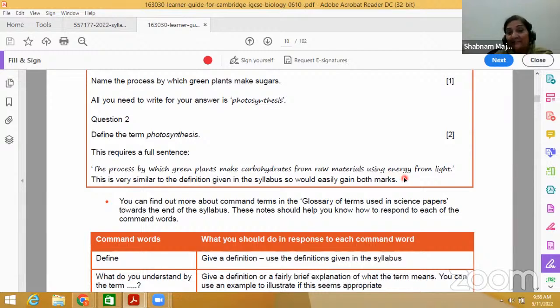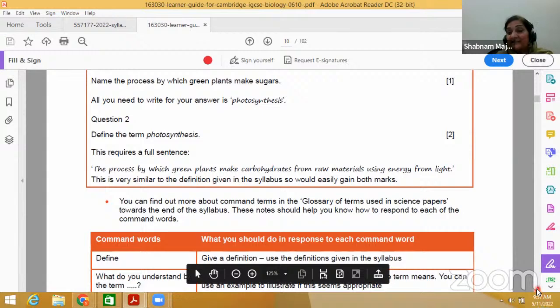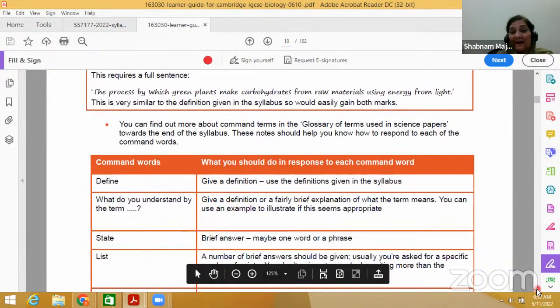You can even write the process by which green plants make carbohydrates from raw materials. What are raw materials? Carbon dioxide and water, using energy in the form of sunlight, right? So you can elaborate in whatever way, other than the definition they have given. This is very similar to the definition given in the syllabus, so you will score the full 2 marks.